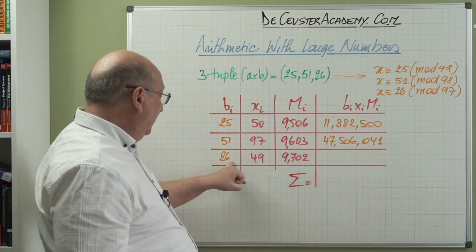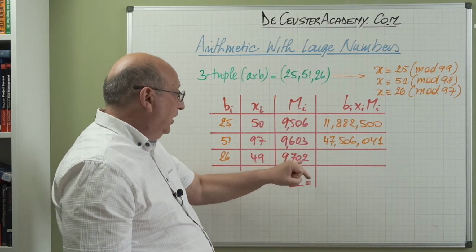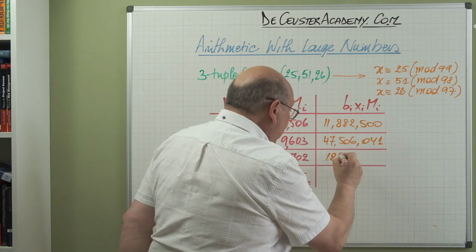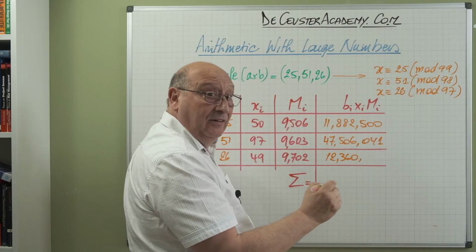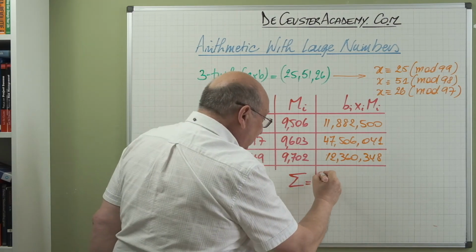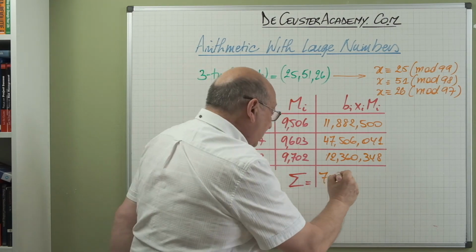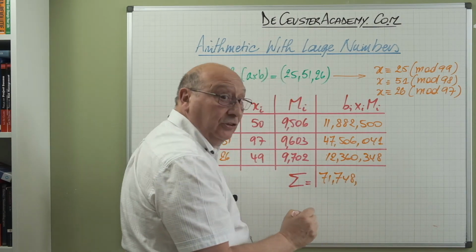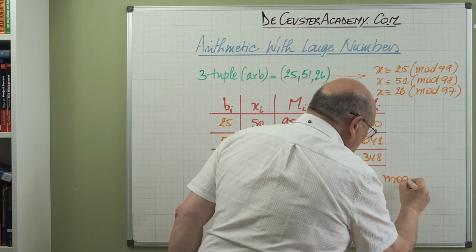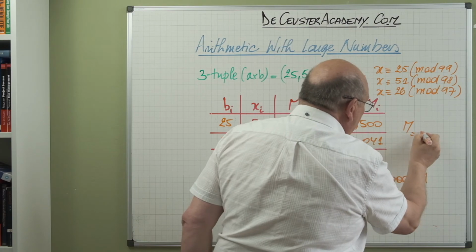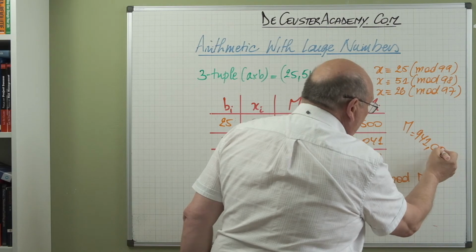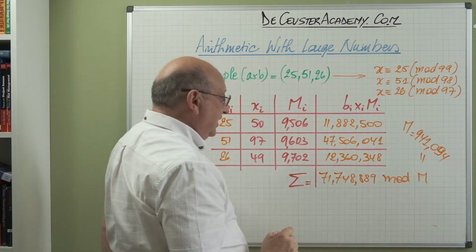And for the last one, 26 times 49 times 9,702, we find 12,360,348. When we add them, we find finally 71,748,889 modulus m, and m is 941,094. So that's basically n.